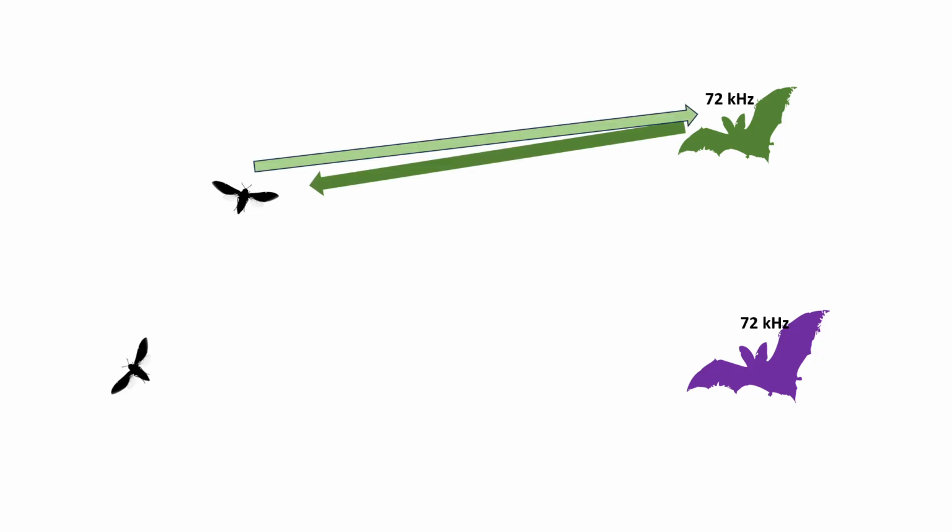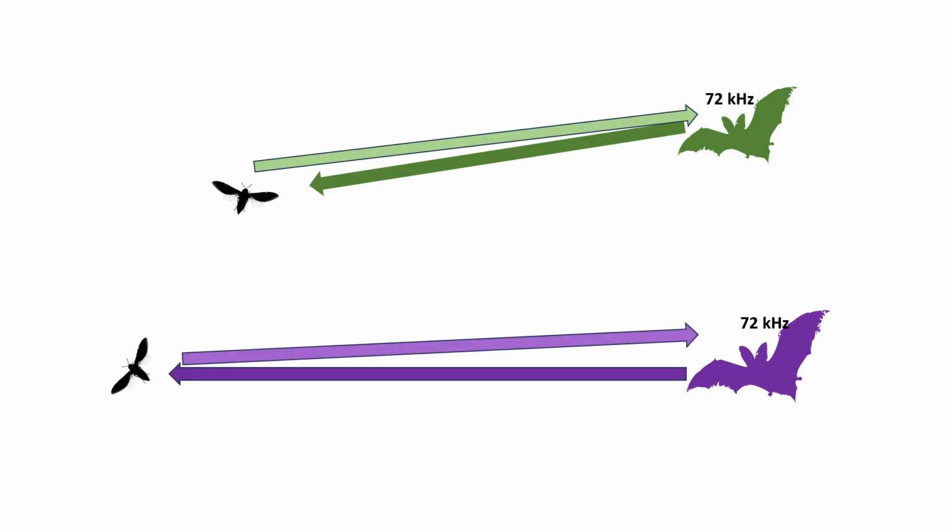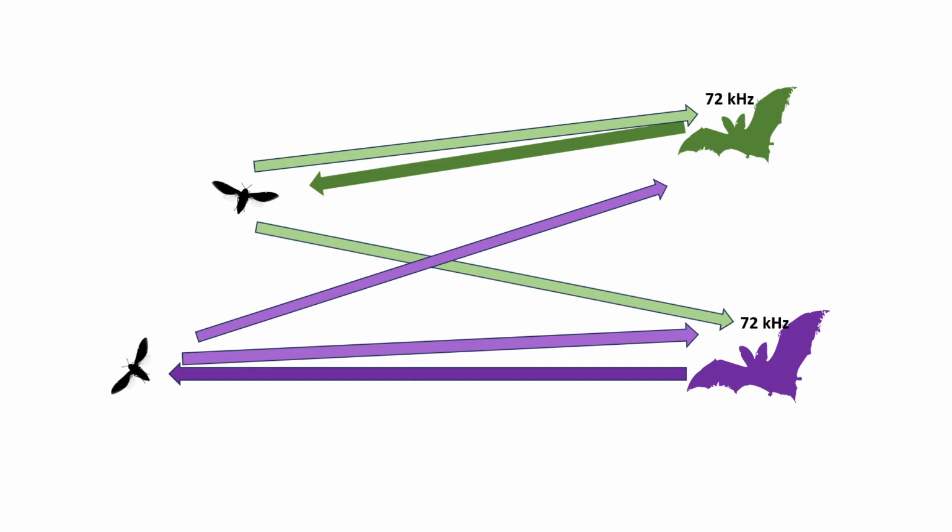So we've got the two bats calling at 72 kilohertz, and they're expecting to hear the echoes back at 72 kilohertz. However, since they're both at the same frequency, they can hear each other's echoes because they're anticipating or tuned to those frequencies. So which prey item do they go after? It can be a bit confusing.